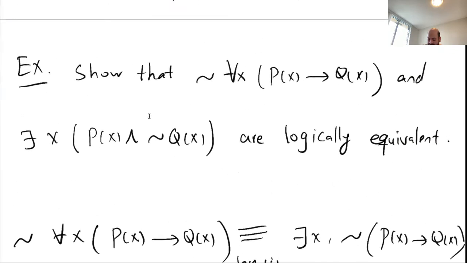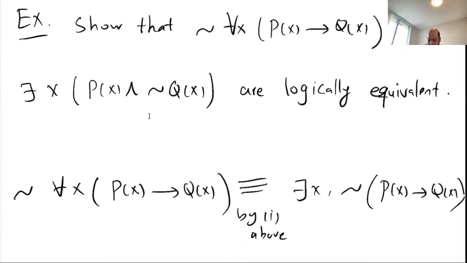And what do I need at the end? Because look at what we are supposed to get at the end. At the end, I have to get this guy here: there exists x with P of x conjunction negation Q of x. Well, so far I got this, there exists x, so this part is already done.